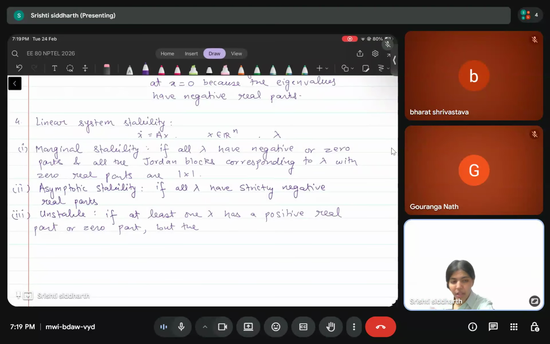So either it has a strictly positive real part, or if it has a zero real part, then the dimension of the corresponding Jordan block is greater than 1 by 1.